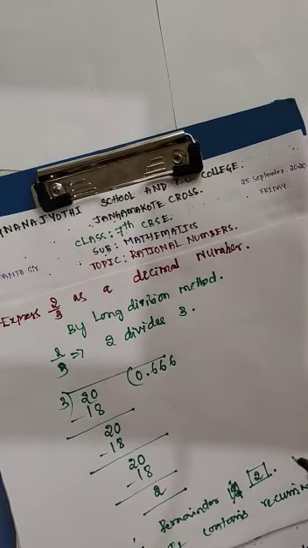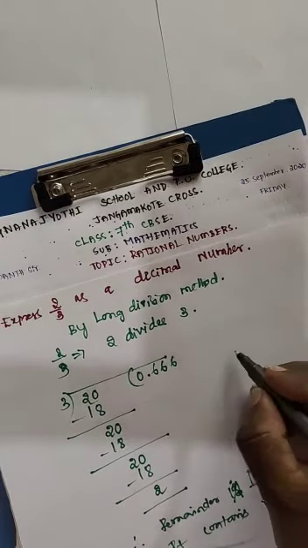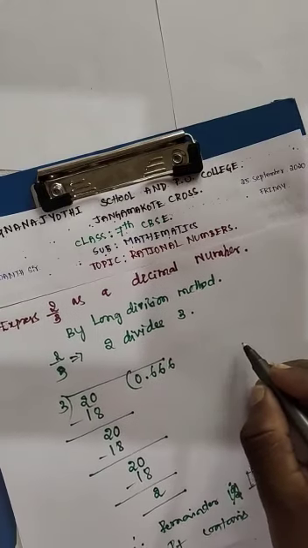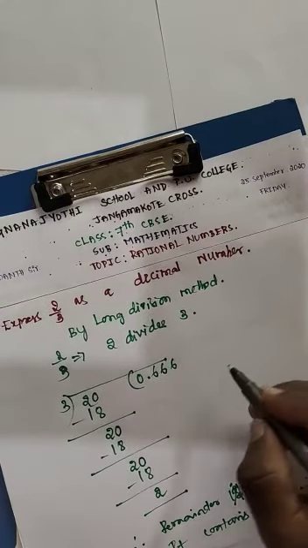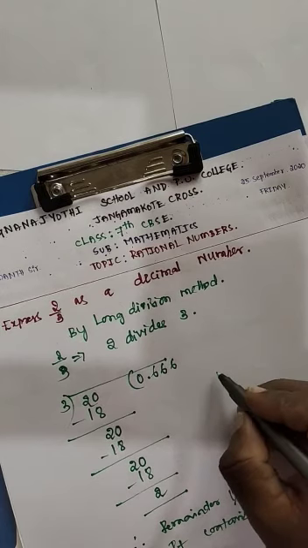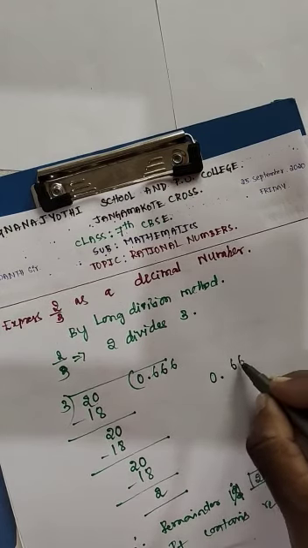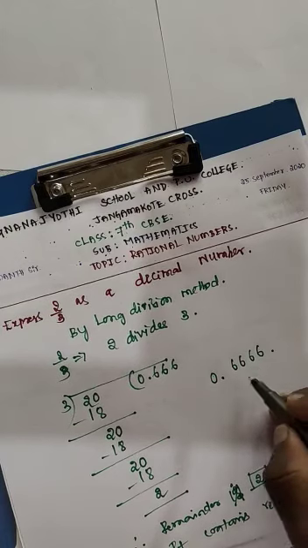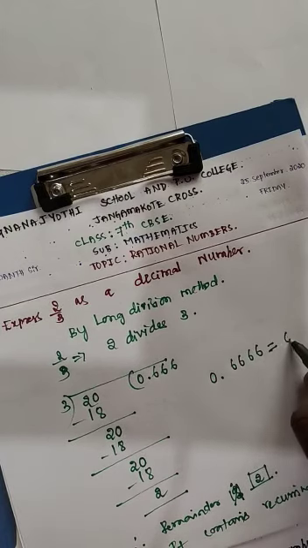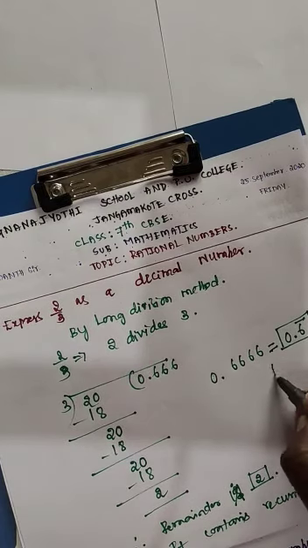Can you identify the recurring part here? Yes. So 0 is the integer part and 6 is the decimal part. It can be denoted as 0.6 with a bar, but this is known as recurring.